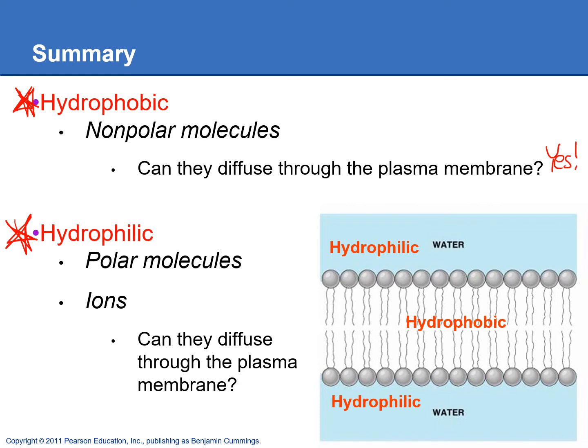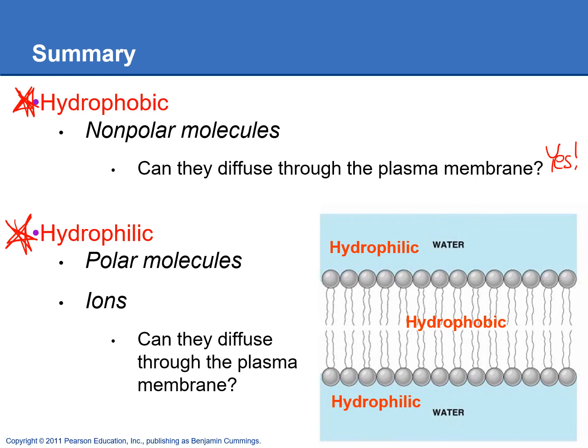Okay, but what about hydrophilic molecules? Things that like to mix with the water. These would be the polar molecules. They have partial charges on them. So something like glucose, for example, or ions, maybe a sodium ion or a chloride ion. The polar molecules have the partial charges on them, or the ions have a full charge.